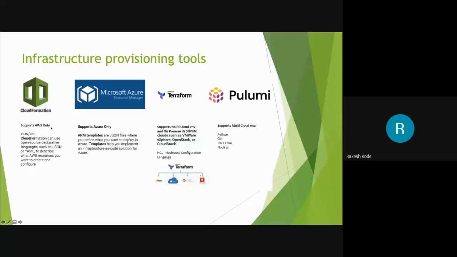So if you have a multi-cloud environment, with AWS and Azure, then it won't work. The only place that you can deploy with CloudFormation is on AWS, and the configuration files in CloudFormation can be written in JSON or YAML.